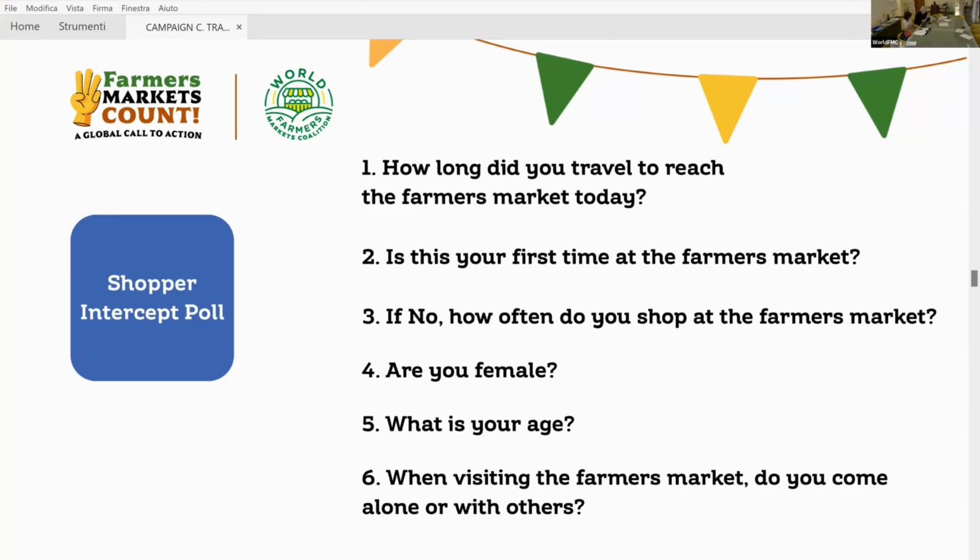With these questions, you will not be using pen and paper. You can actually use your phone, and whether you use the QR code that you scan or the link that you'll have, each time you interview a different shopper, you will enter into the intercept poll again.